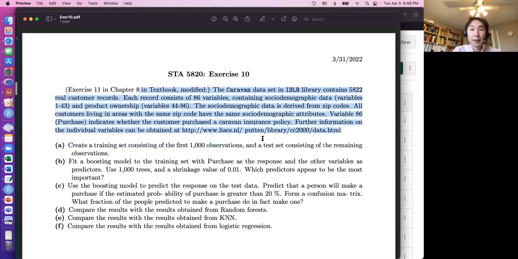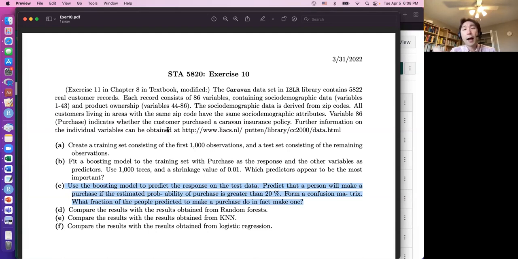This data set is included in the ISLR library, so you can read the data. At first, we split the data set into training and test. Then we do boosting to get the prediction. In this data, most customers did not buy the insurance policy, so the predicted probabilities are all small.